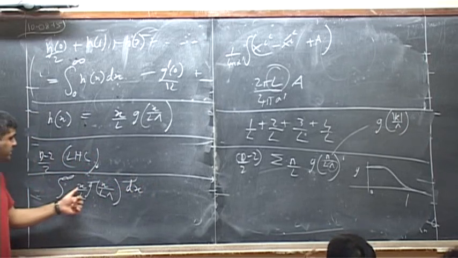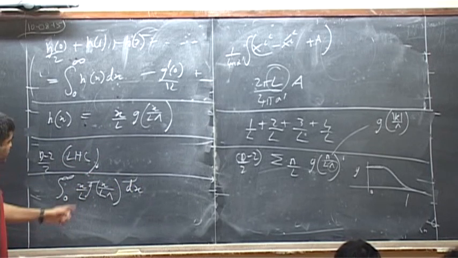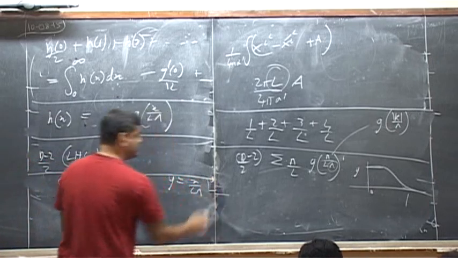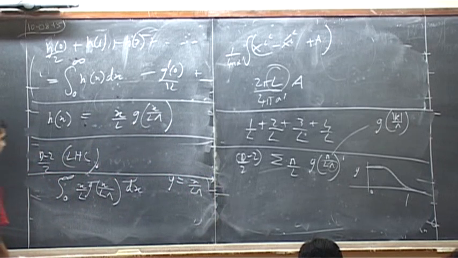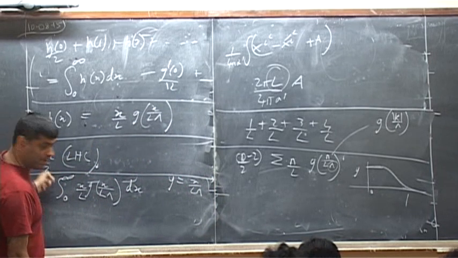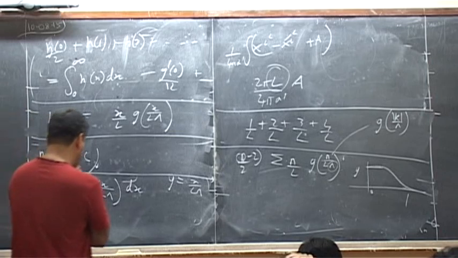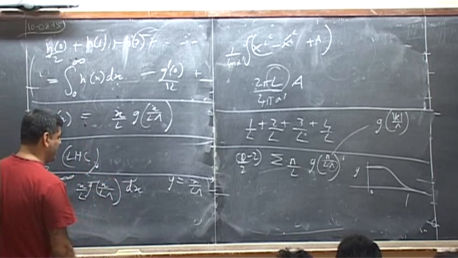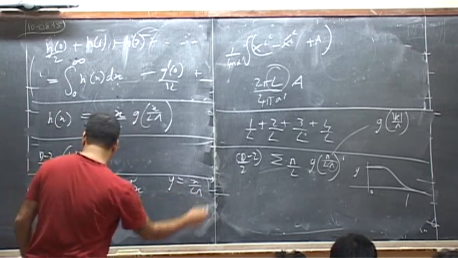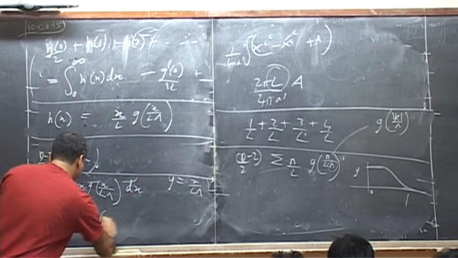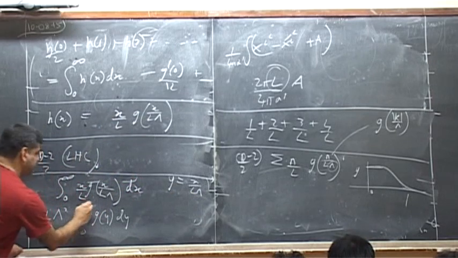Now we do a change of variables to y equal to x by L lambda. When we do that, we get an extra factor of L lambda. Exactly. We write x equal to L lambda y, and so we get a factor of L lambda squared, as Shubhati correctly pointed out, times the integral of y g of y dy from 0 to infinity.